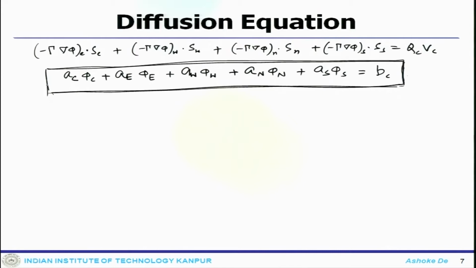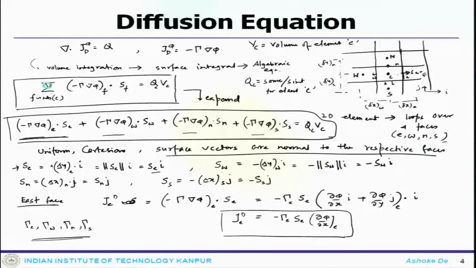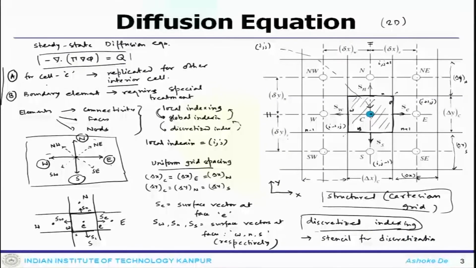And just to begin with, if you recall the notation, we will come back to this particular figure and recap. We had a 2D uniform structured domain, or Cartesian domain, that we have discretized like this.